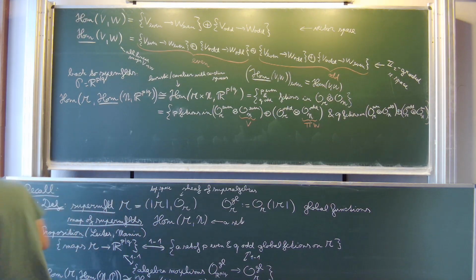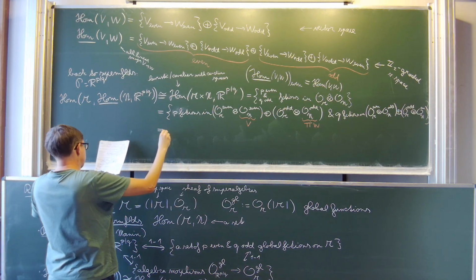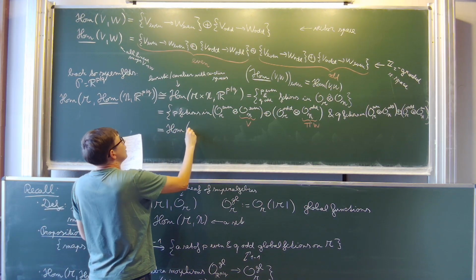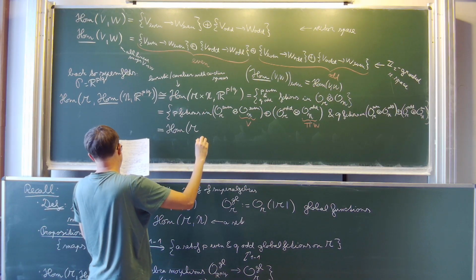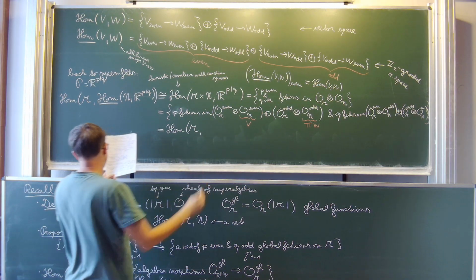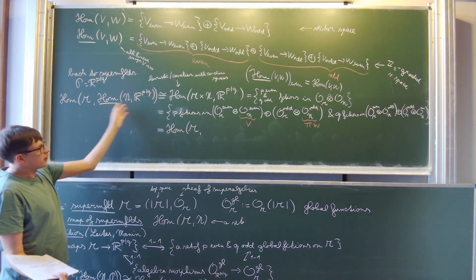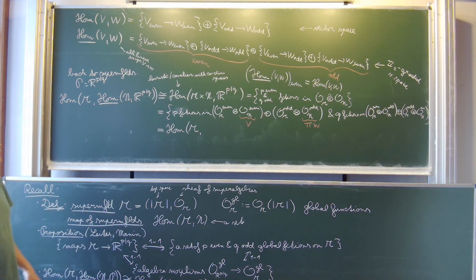Then I claim that I can equally well write that this is the same as Hom from M. Now here I have to be careful. I want to go back and reformulate stuff in this way, using a proposition kind of going backwards.